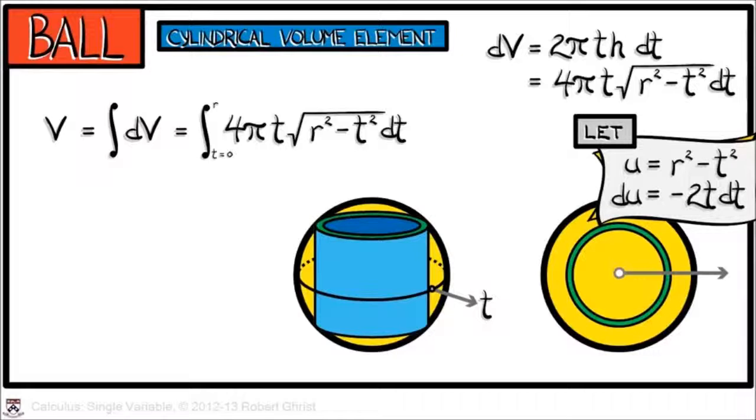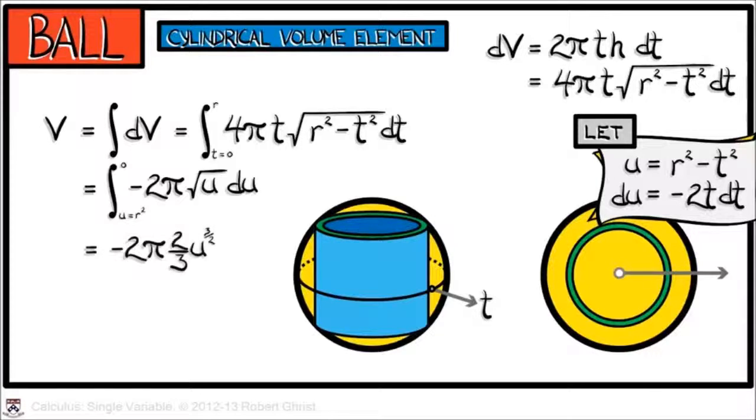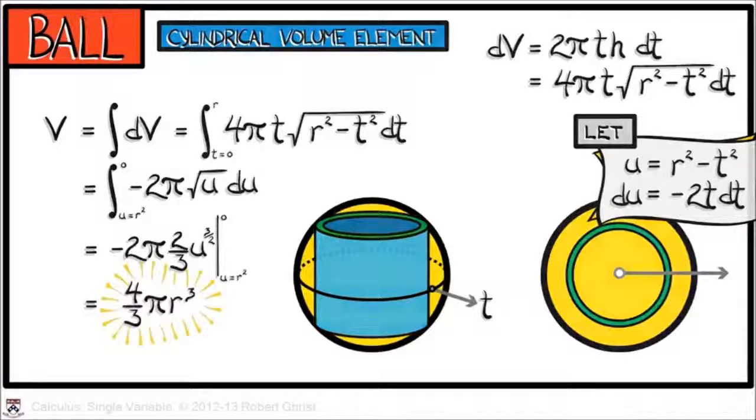We see that du is negative 2t dt, and that we can rewrite this as the integral of negative 2 pi square root of u du, as u goes from r squared to 0. That integrates simply to negative 2 pi times u to the 3/2 over 3/2. Evaluating from r squared to 0 and simplifying the algebra leads to 4/3 pi r cubed.